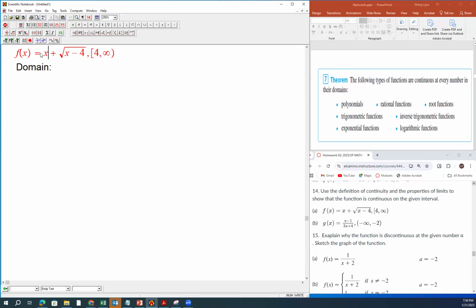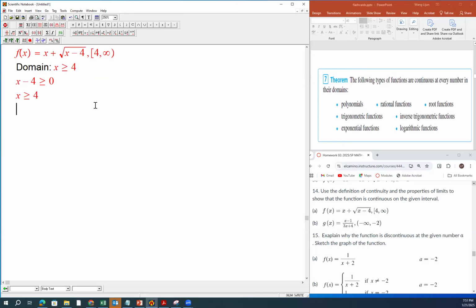The domain, this is a polynomial. The domain is all real numbers. For the root function, we have to guarantee x minus 4 is at least 0. As a result, we get x is greater than or equal to positive 4. So x greater than or equal to 4 is the domain that includes 4.